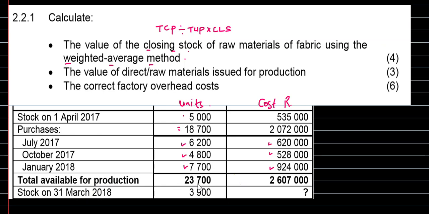Let's go and calculate number 1, then we're going to do number 2 and number 3. Let's start with number 1. As I've told you, we are finding the closing stock here. So let us write closing stock using the weighted average method.